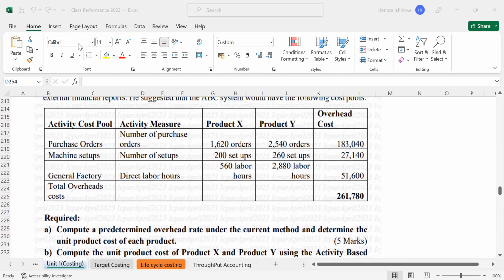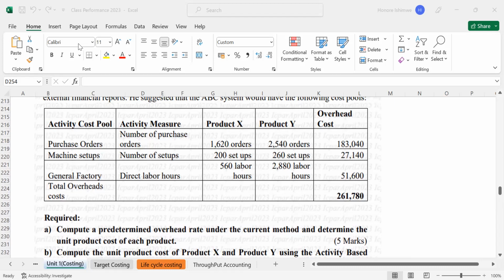Remember, if they say activity-based costing, what do you do? You remember the 2 steps I told you to always remember as long as activity-based costing is concerned. Step number 1, you need to determine the cost per activity, sometimes called the cost driver rate.